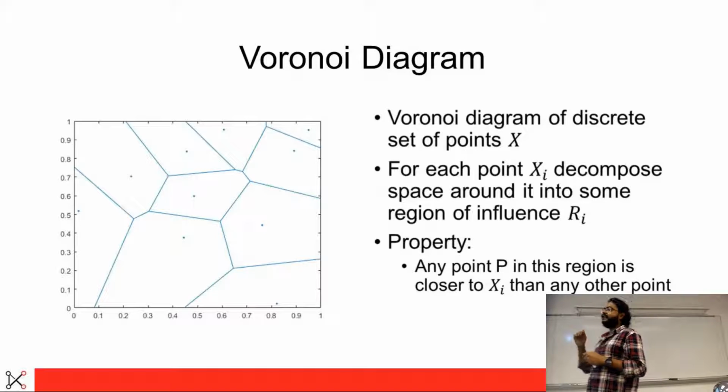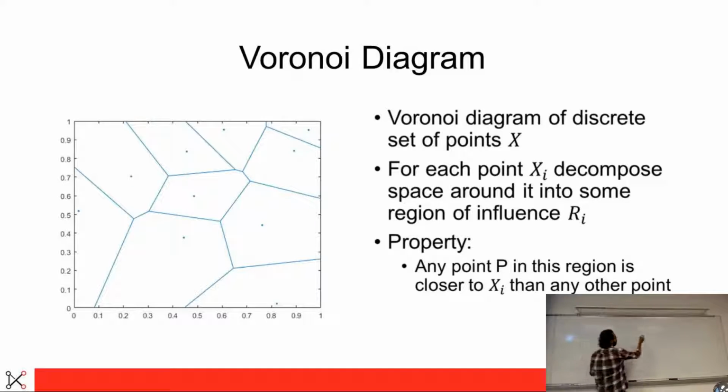This region satisfies a very special property. What is that property? Any new point P in this region is closer to x_i than to any other point.